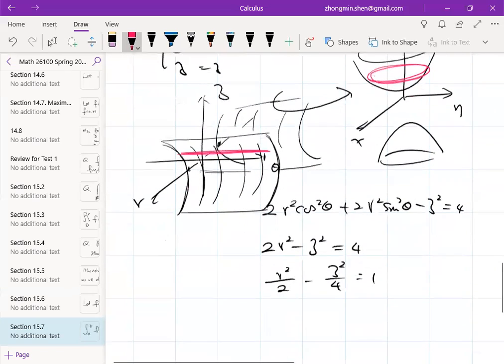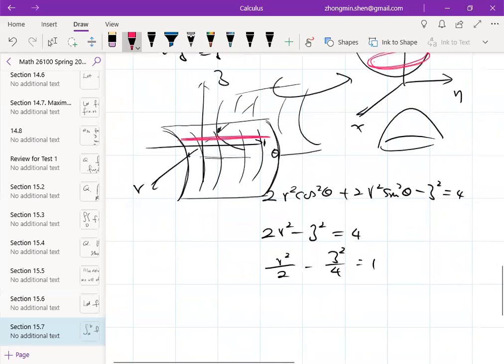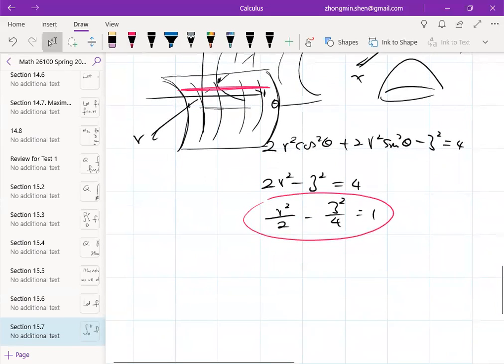We just need to write down the equation. You don't need to visualize it as a graph. So this is the equation in the r theta z coordinate system. It's a cylinder actually, but the cross section is a hyperbolic curve.